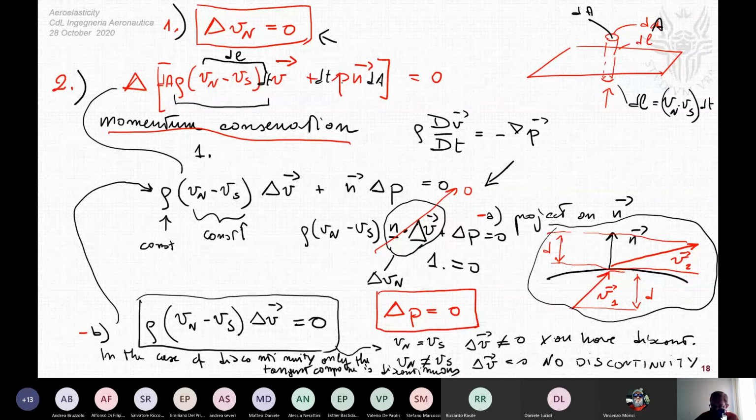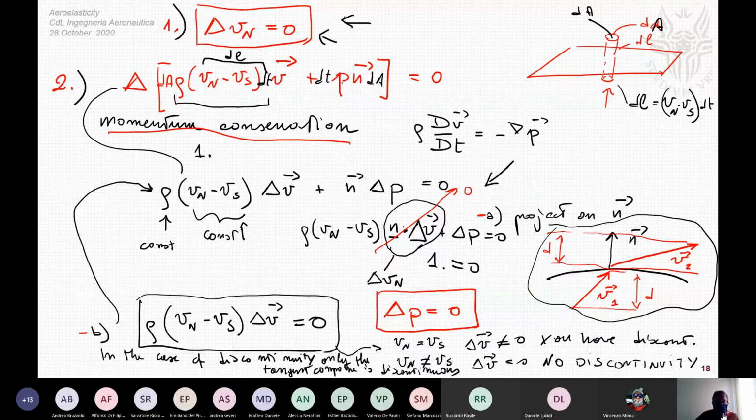In that case, delta V, the jump of the velocity, is 0, or in the case you have a discontinuity, we have delta V not equal to 0, but this discontinuity of the velocity is represented only by a tangential discontinuity of the velocity, because the normal component of the velocity is not a discontinuous quantity.